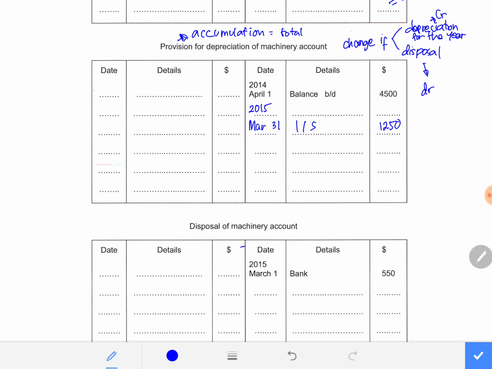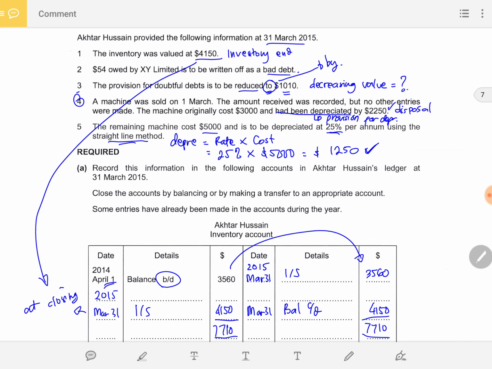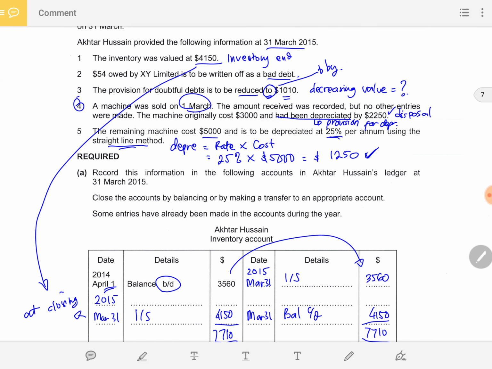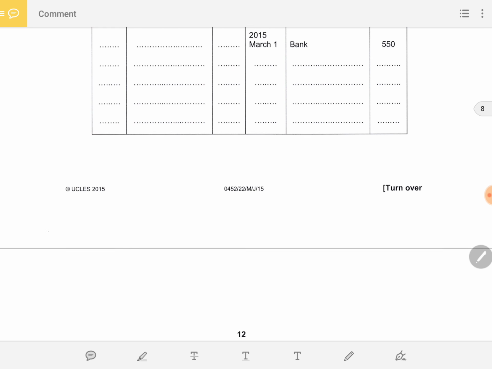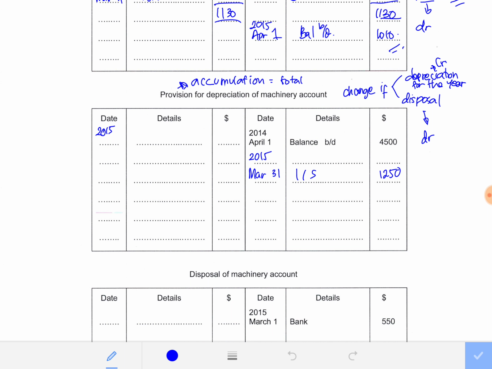Disposal in the debit side, date is 2015, and the date of the disposal transaction is 1st of March. So we follow that. Instead of 31, we put 1st of March, the date of the disposal transaction. We put disposal, and then the amount is 2,250.